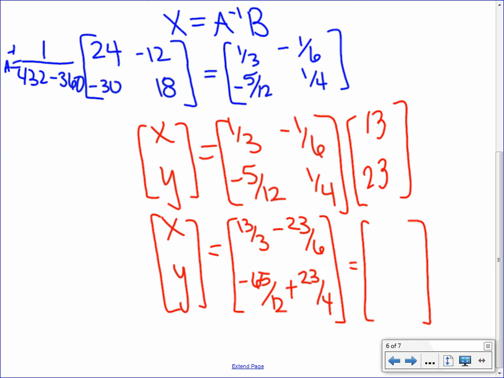Okay. 13/3 is the same thing as how many sixths? 26 sixths. So we get 3/6, which is 1/2. 23/4 is the same thing as how many twelfths? Okay, so negative 65 plus 69 is what? 4. 4/12 is?